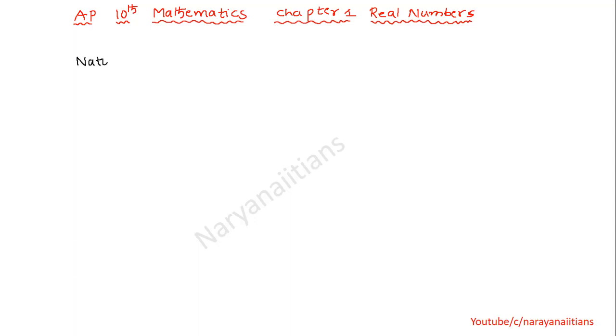Natural numbers: the set of all 1, 2, 3, 4, 5 and so on. Natural numbers are denoted by capital N. Natural numbers are nothing but counting numbers. The next number system is whole numbers.